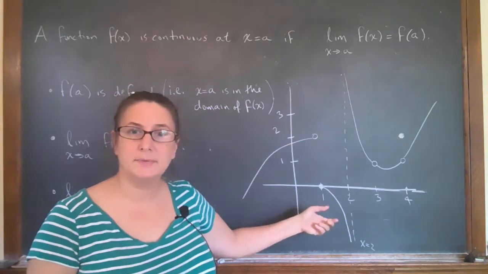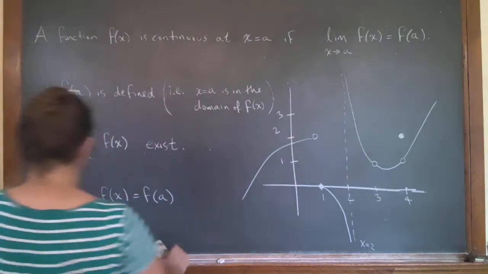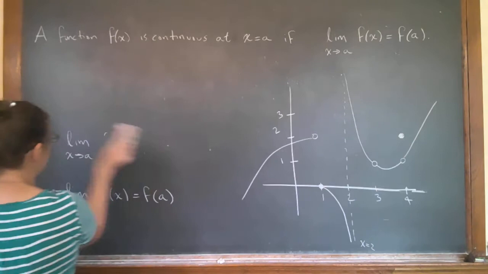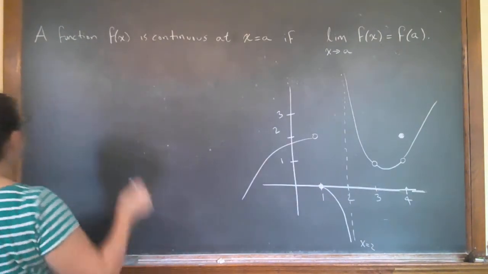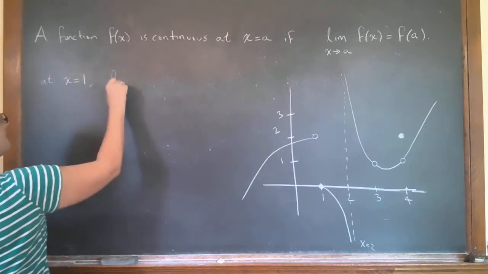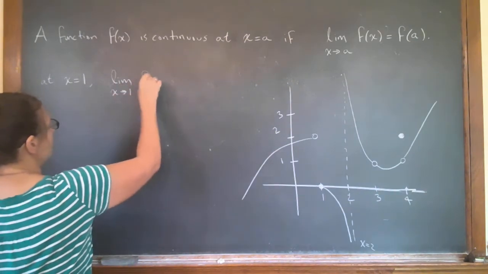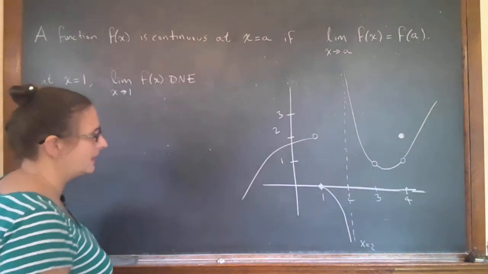The right-hand limit is 0. So the limit doesn't exist. I'm just going to write down what's going on here. At x equals 1, the full limit does not exist.